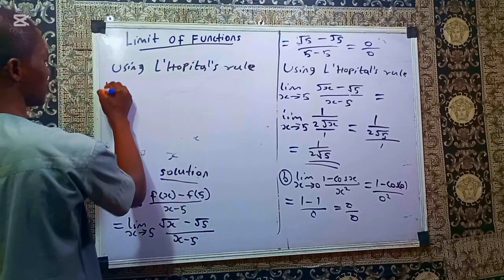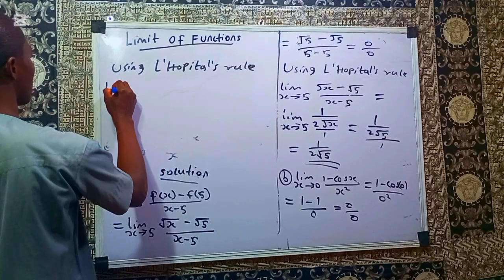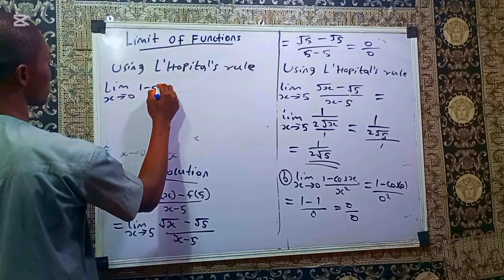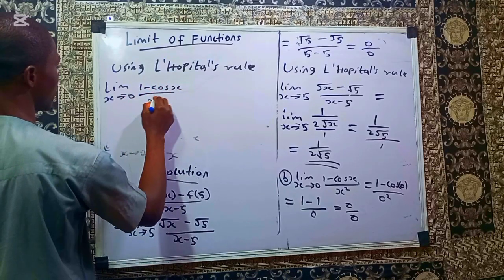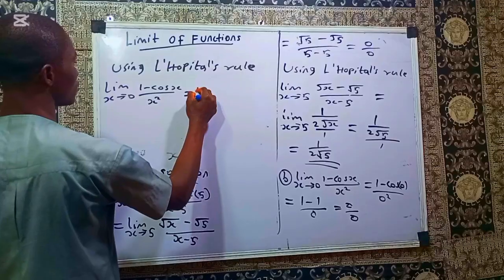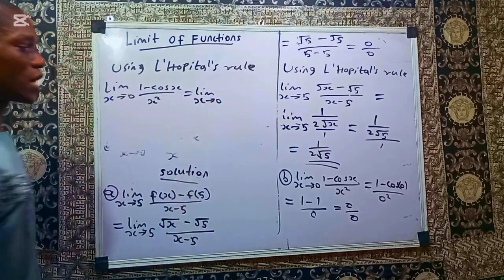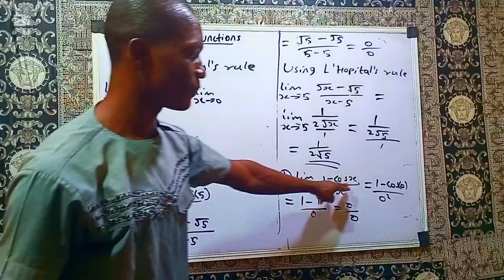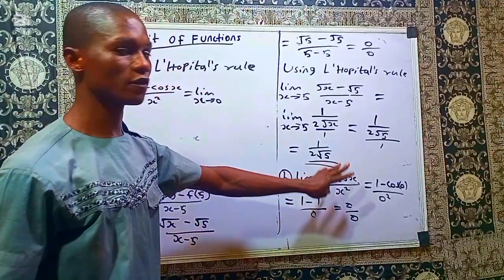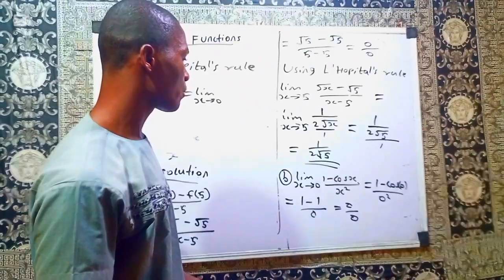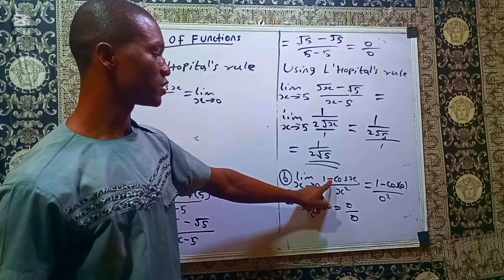we're going to have the limit as x goes to 0 of 1 minus cosine of x divided by x raised to power 2 equal to the limit as x goes to 0. So I just recopied what we have here, right? Because we got 0 over 0, we are going to resolve this using L'Hospital's rule. So by L'Hospital's rule, you differentiate the numerator.